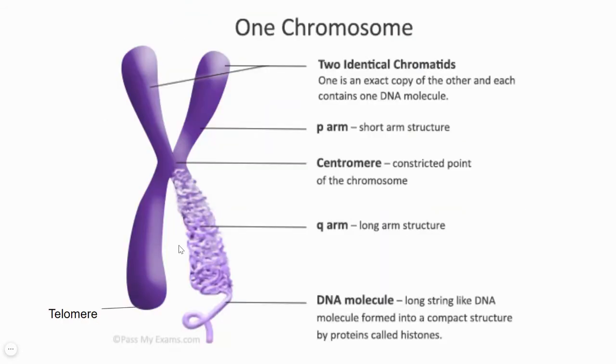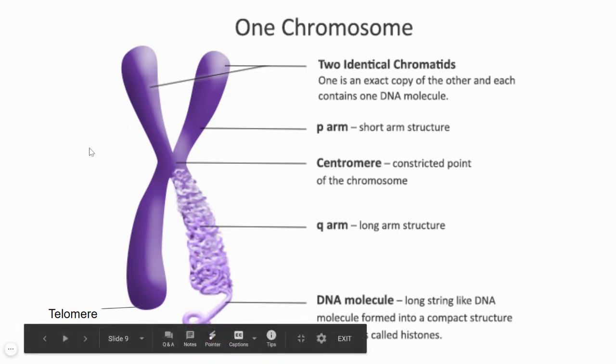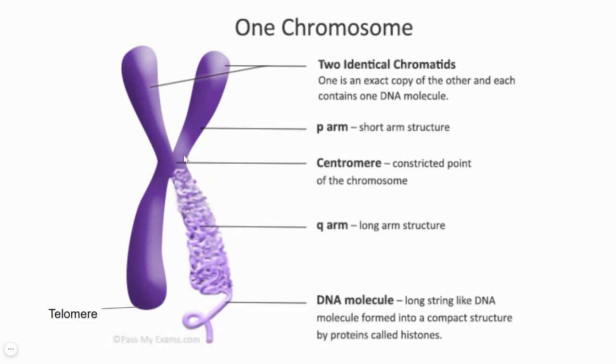Let's now briefly review the structure of one chromosome. One chromosome is said to be made up of two identical chromatids, and each chromatid is an identical copy of the DNA molecule of the other. You see a chromosome in this condition just when it is about to divide. But when the cell is newly formed, the chromosome will have only a single chromatid.